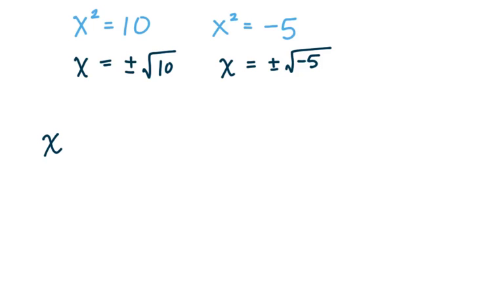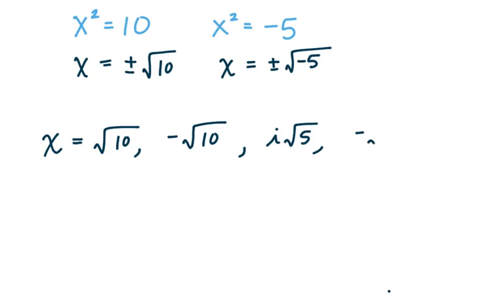Writing all four of our answers out, we have x equals positive root 10 and negative root 10. And dealing with the negative under the root 5, we'll have positive i root 5 as well as negative i root 5.